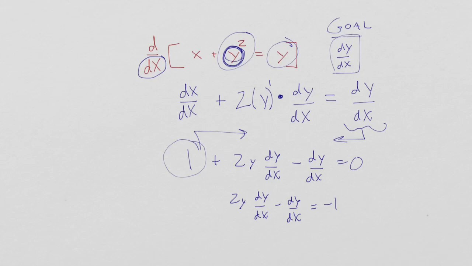And now at this point I can factor out my common term of dy dx. And this leaves me with 2y minus 1 equals negative 1. And the final step is to divide each side by 2y minus 1, and we now have the derivative. Bam.